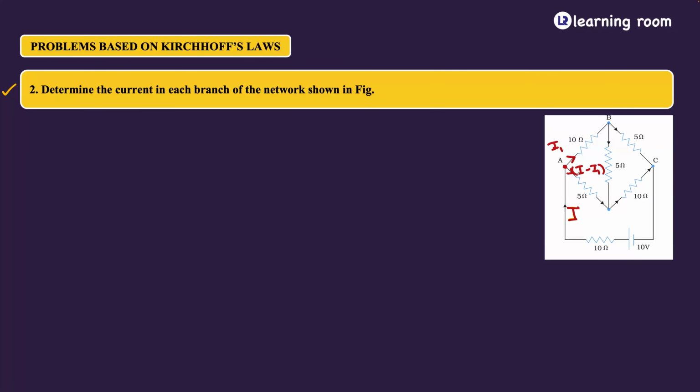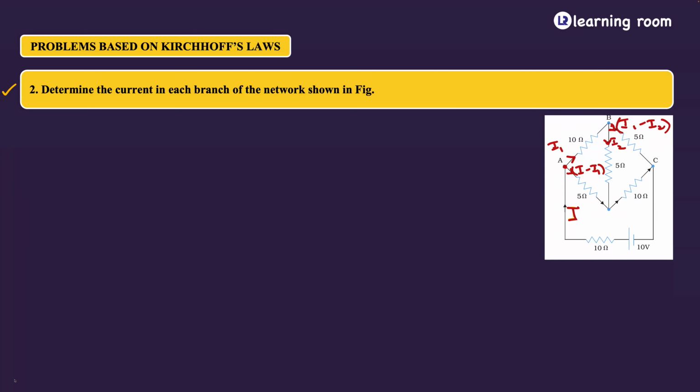I hope by now you have understood why it is I minus I1. This I1 is entering here, so it will become I2, and here it will become I1 minus I2, because the current is coming out. It's up to you.